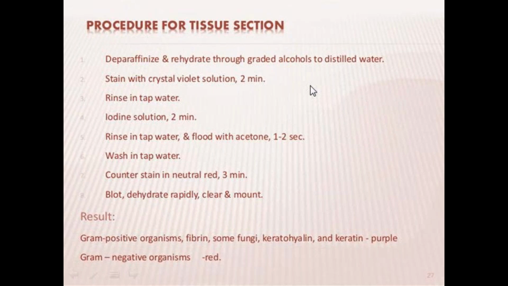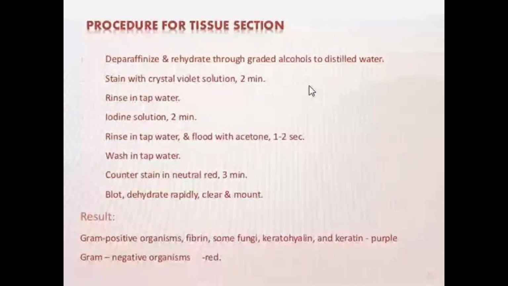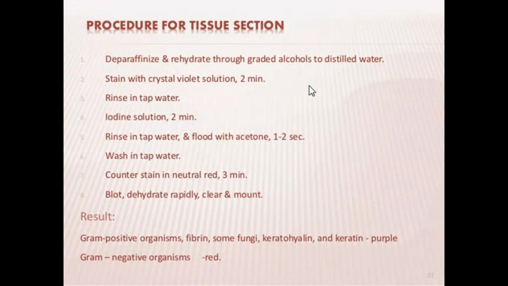Okay, and the same technique can also be done for tissue sections. Here, tissue sections means structures like fibrils, keratohyalins, and keratins, and these can be visualized by using the gram staining technique.